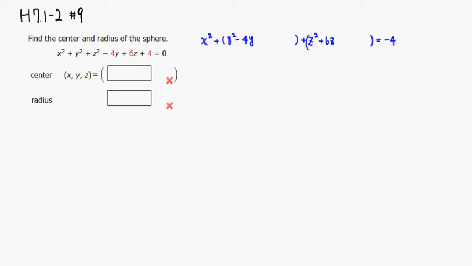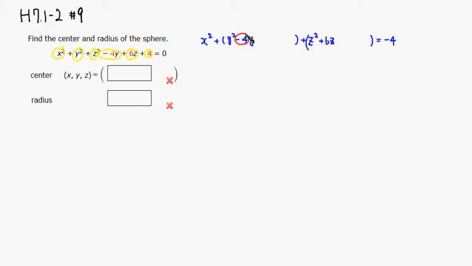Let's make sure I got this. I took care of this one, and that one, and that one: the z, and y squared, and x squared. So that's everyone. Then we need to find the number we need to complete the square. This is negative 4.